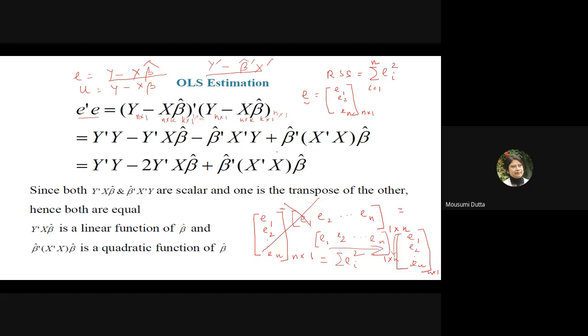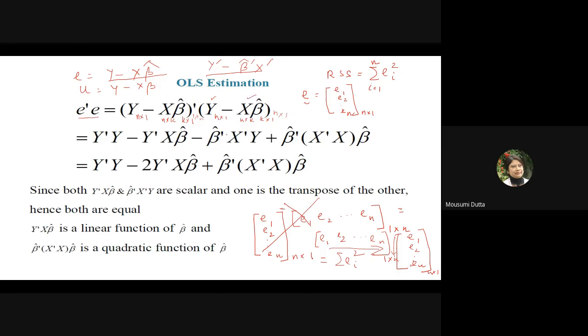So first I consider y transpose and multiply it with y and x beta hat. So y transpose y minus y transpose x beta hat. Then I take beta hat transpose x transpose and multiply it with y and x beta hat.